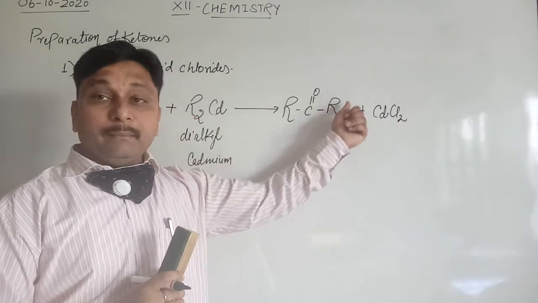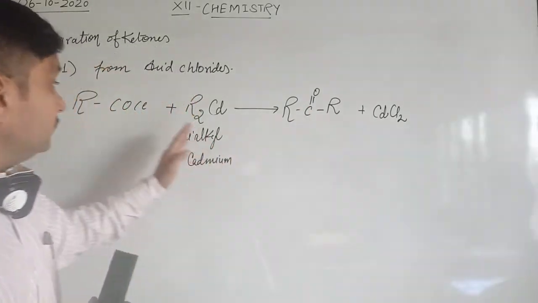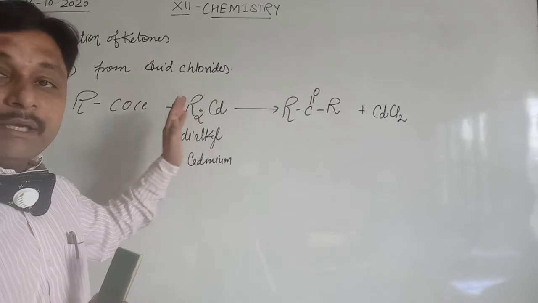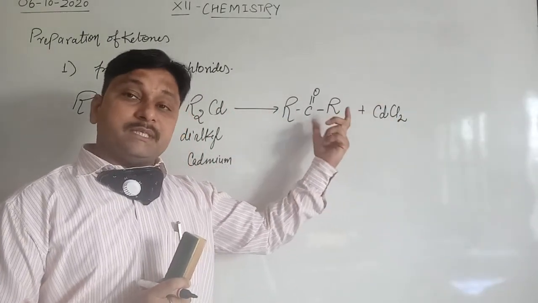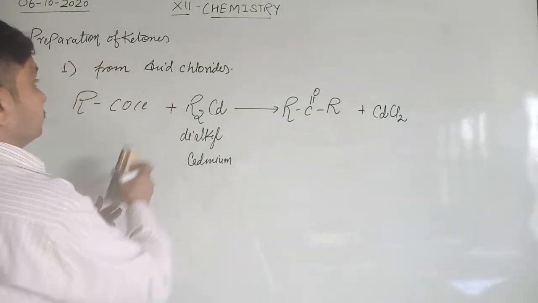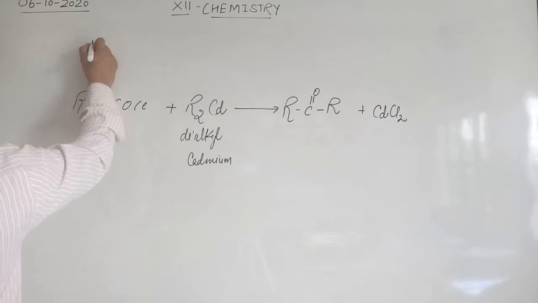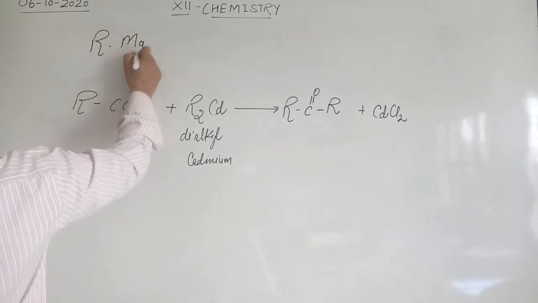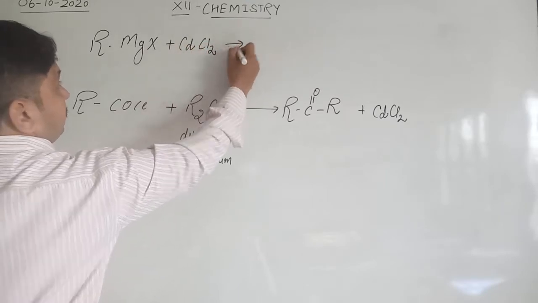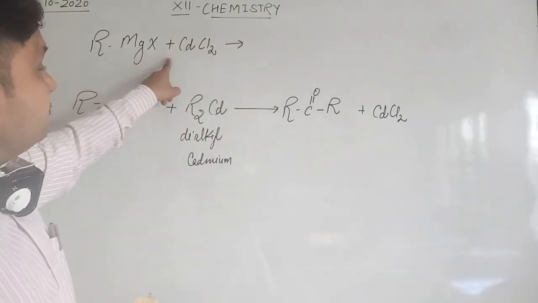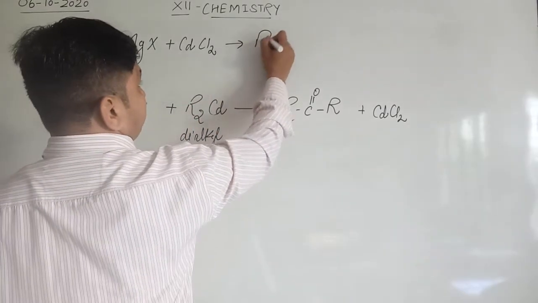This cadmium chloride has the tendency to regenerate the dialkyl cadmium. If we react this cadmium chloride with RMgX, means Grignard reagent, it will convert into R2Cd.